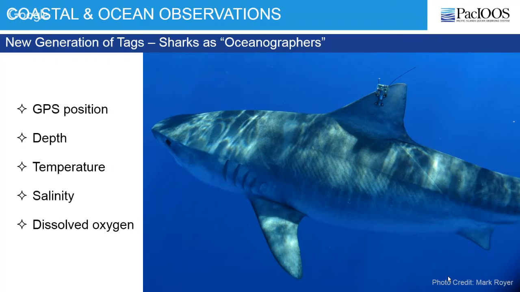When the shark is roaming through the ocean, it collects all this information about how much oxygen is at whatever depth. Once the shark surfaces, it transmits all the data. So it's just another way to get more insights into what's going on down there. It's really cool.